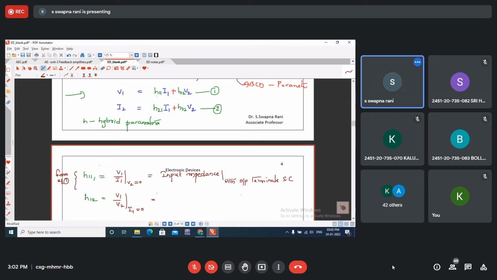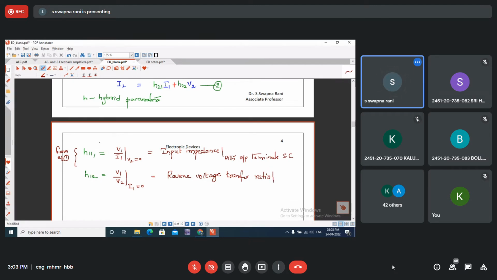If it were output voltage by input voltage, we would have called it voltage gain, but here it is reverse. Therefore, the name of this H parameter is reverse voltage transfer ratio, with the input terminals open circuit.